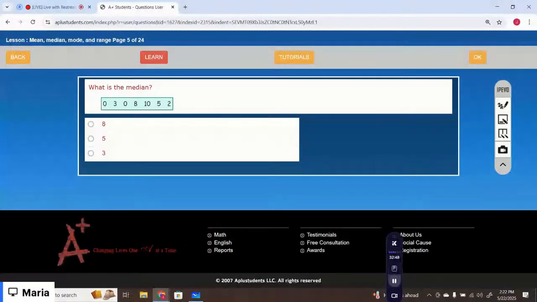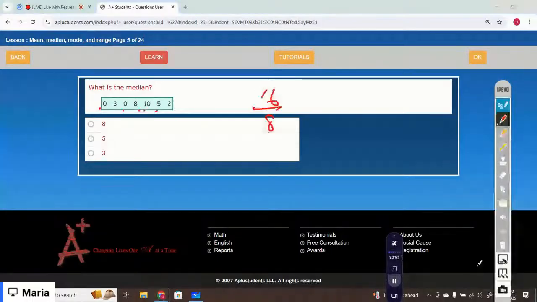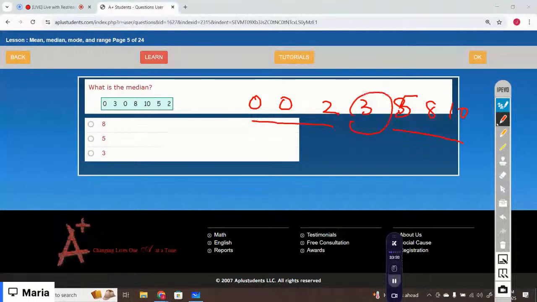What is the median? Let's arrange these numbers from least to greatest. They are 0, 0, 2, 3, 5, 8, 9, and 10. So let's divide the data and make equal groups. So 3 is the median. So the correct option is 3.